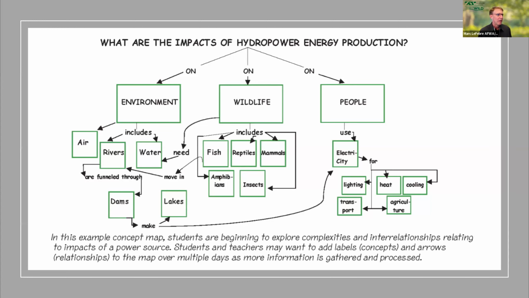And we know that we're going to brainstorm, well, what do rivers do? How does that affect these things? Well, rivers are funneled through dams down in the bottom left of the diagram. And dams can, following the arrow all the way around to the right, generate electricity for people to use for lighting, heat, cooling, transport, agriculture.